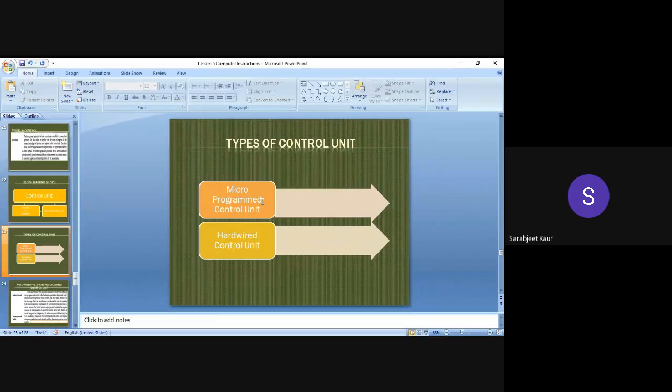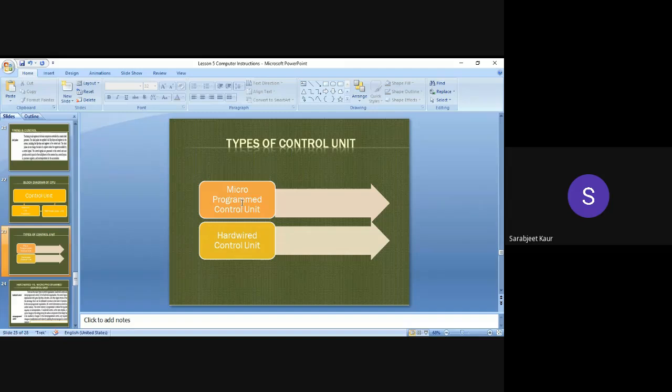These are generally the very smallest of the operations, which are done at the very basic register level. Now, any instruction that specifies a micro operation is called a micro instruction.